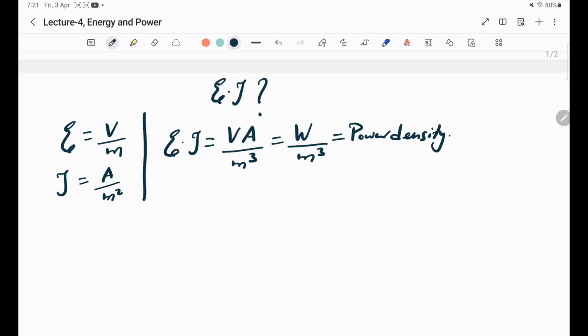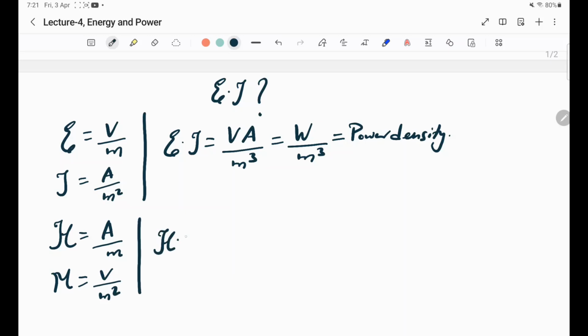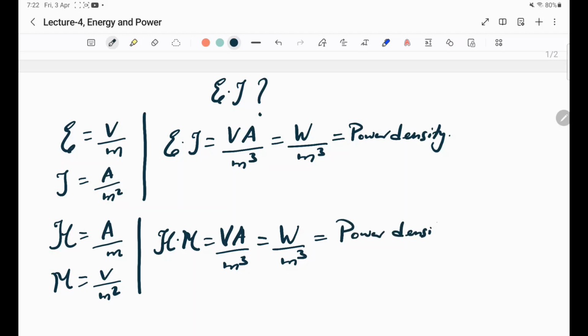Similarly, what is H dot M? H is ampere per meter and M is volts per meter square. So H dot M is volt ampere per meter cube, which again gives watts per meter cube, a power density term.